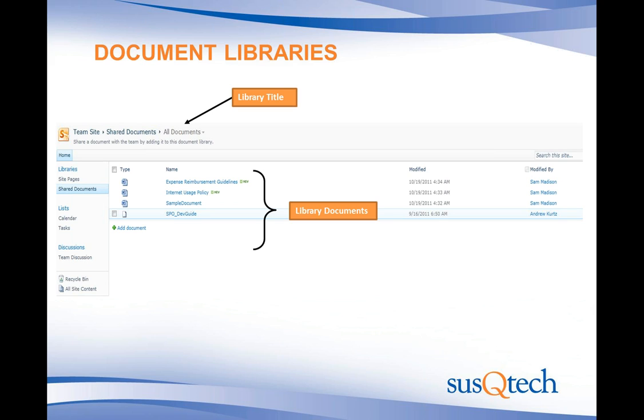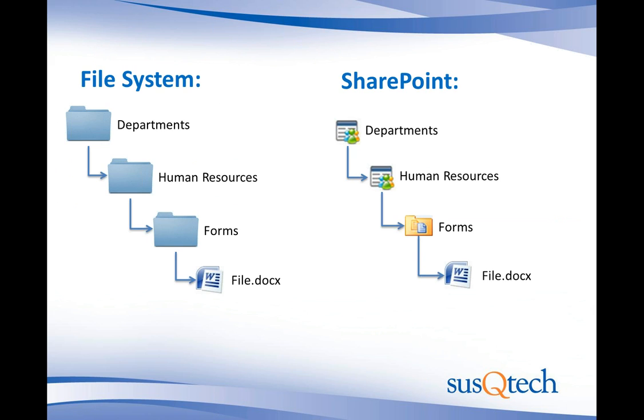So in this example, we have 4 documents that we can see. And there's a lot of data that comes along with these documents because I can immediately see that these are Word documents over here on the left based upon the icon. When was it modified? And more importantly, who modified it last? So there's a lot of content that's here and tagged within the document library.